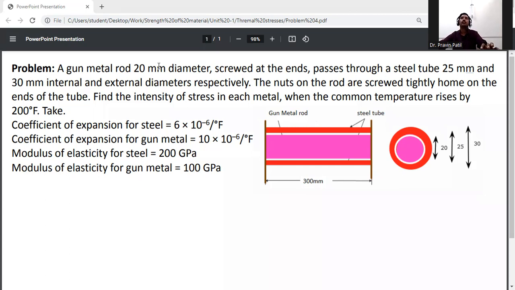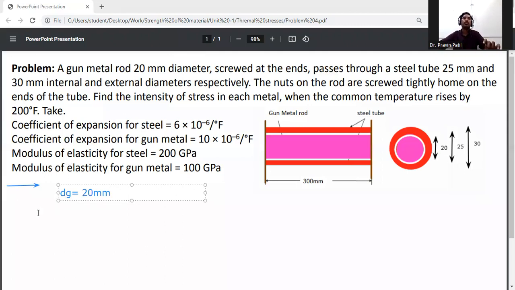So first of all, the diameter of gunmetal is given, that is dg is equal to 20 mm.